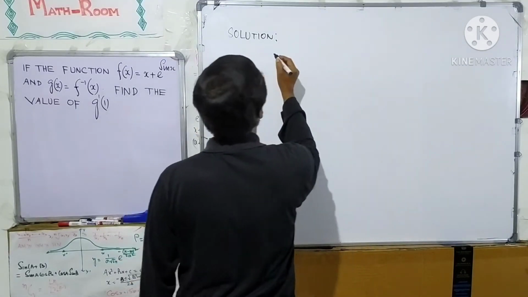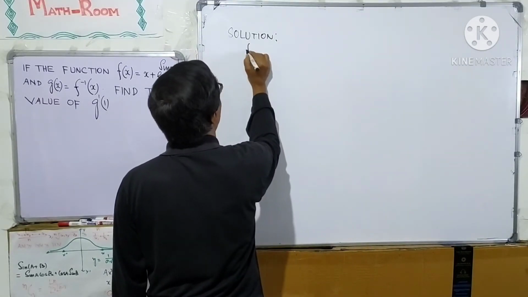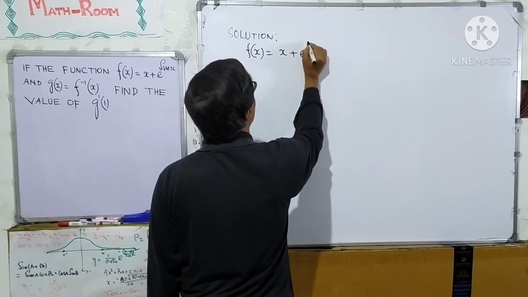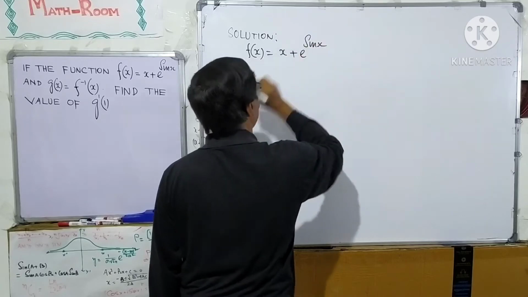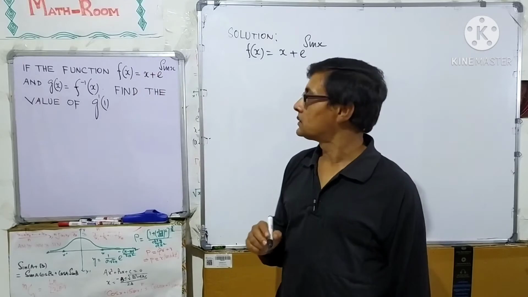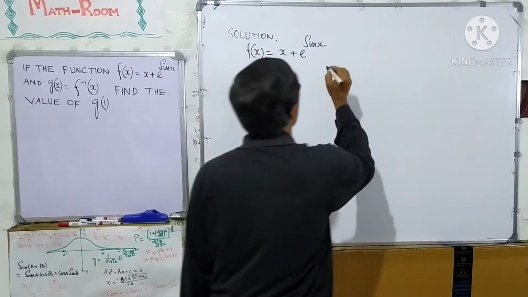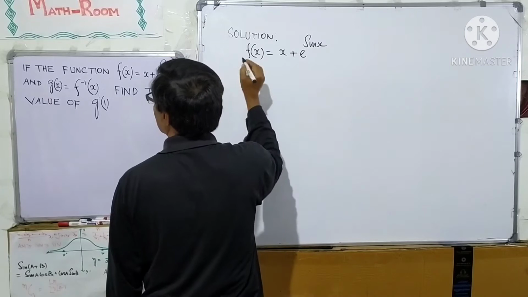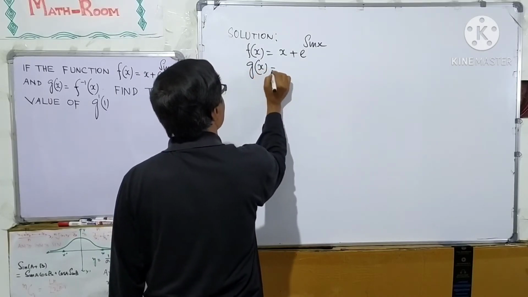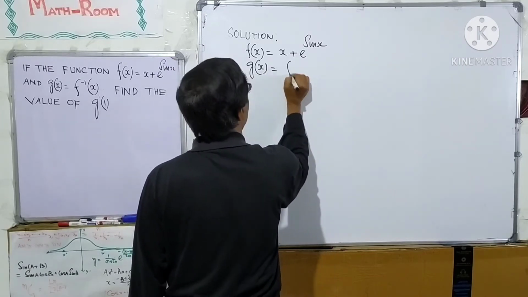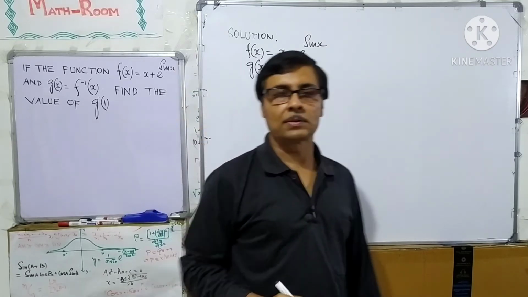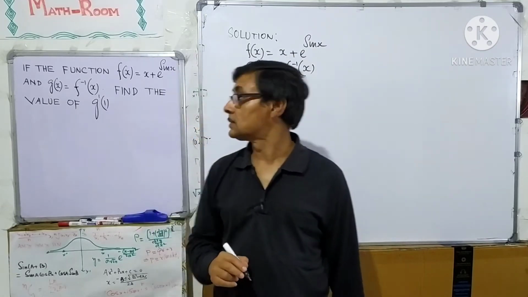Now we are given f(x) equal to x plus e to the power sin x, and also g(x), a function which is equal to f inverse x. g(x) is the inverse of the function f(x).